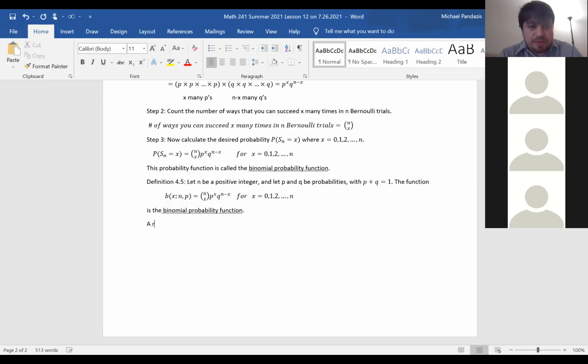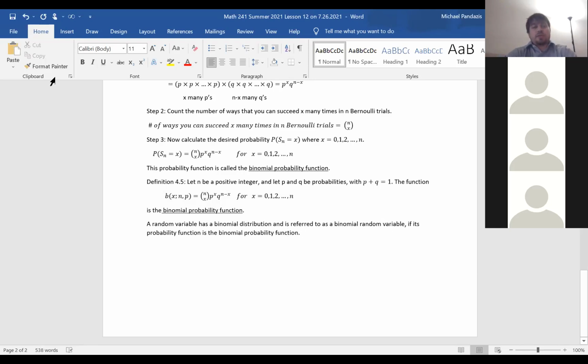And then I'm going to say something very similar to the other distributions. A random variable has a binomial distribution and is referred to as a binomial random variable if its probability function is the binomial probability function.